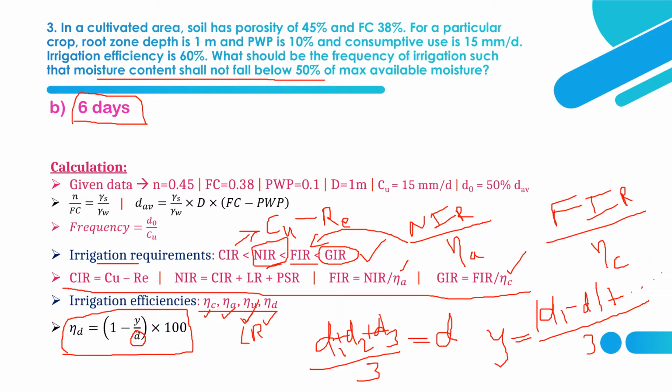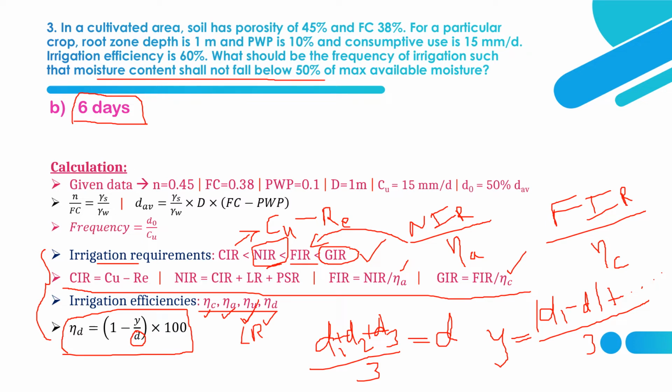That is the average numerical deviation of all depths of water stored. This is how we calculate the water distribution efficiency eta d. So these are some concepts apart from this problem, that is irrigation requirements and irrigation efficiencies.